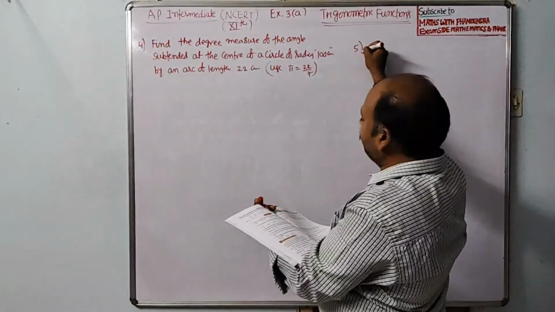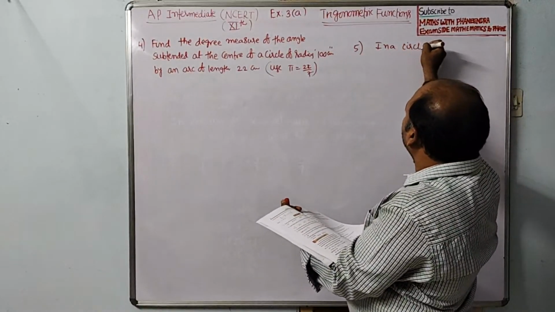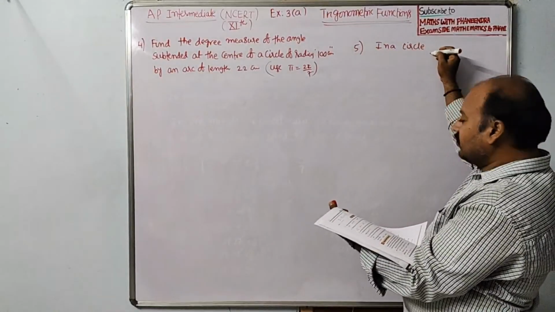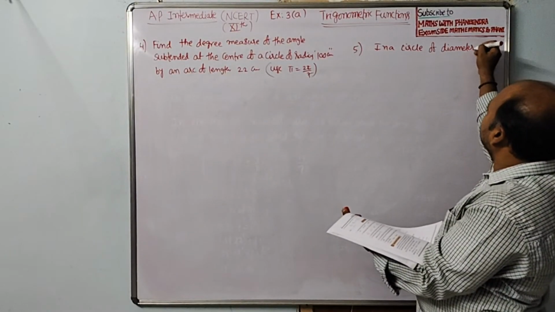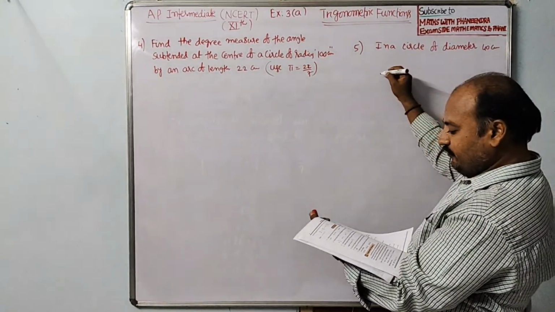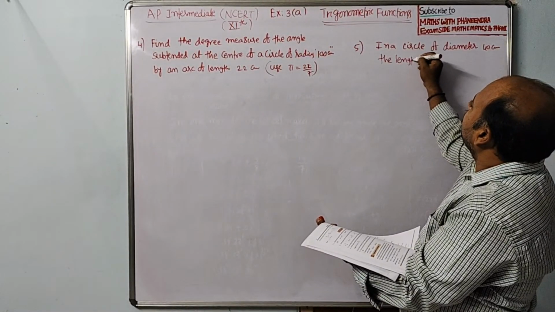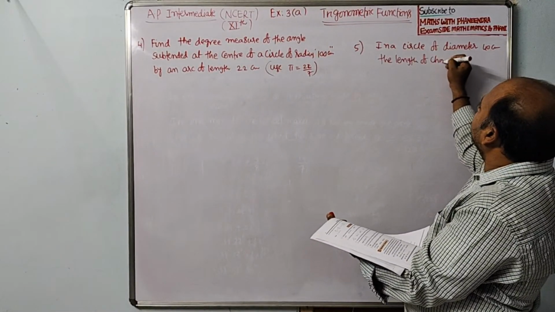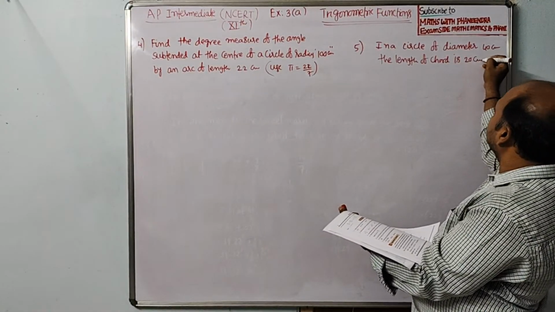Next, question number 5 also I'm writing. In a circle of diameter 40 centimeter, the length of chord is 20 centimeter.